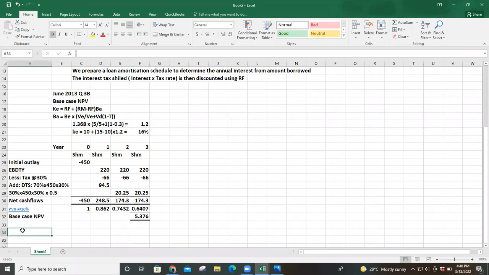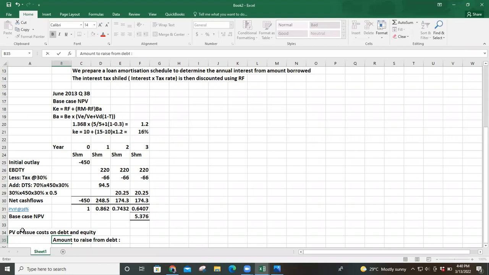Step number 2, we need to get the present value of issue costs on debt and equity. Very easy, the amount to raise from debt.